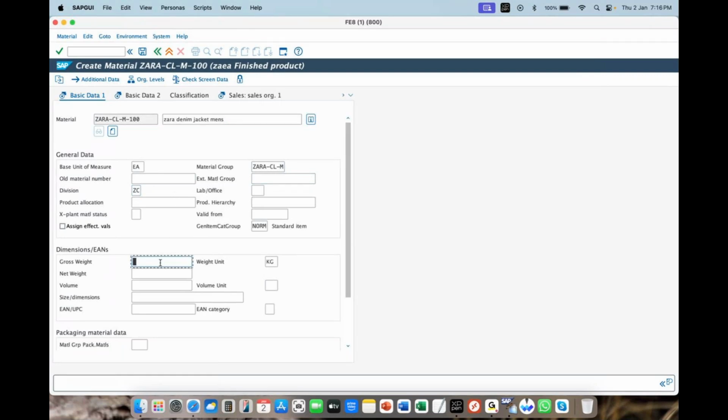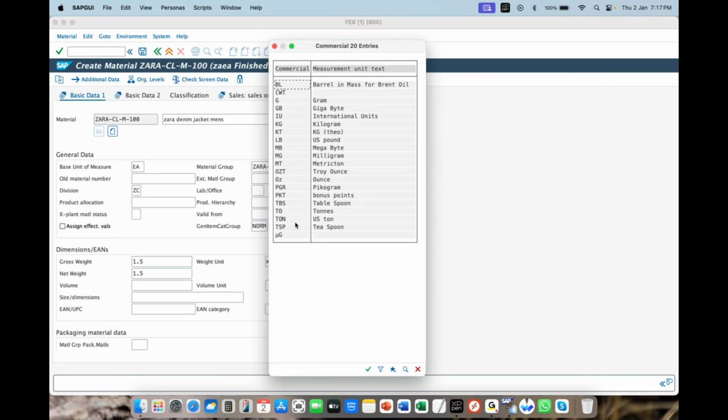Now, general: what is the gross weight? I say the gross weight of the jacket is somewhere around, say, 1.5 kgs. So I give 1.5. If I give 1.5, the net also I'll give as 1.5. See, watch me carefully here. This 1.5 is considered as kgs here. But here we have other measurements also.